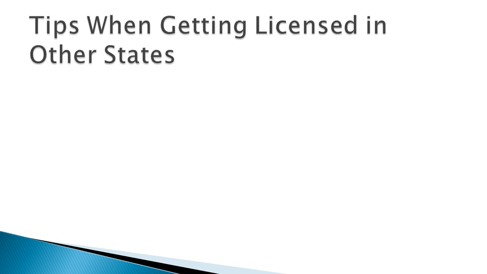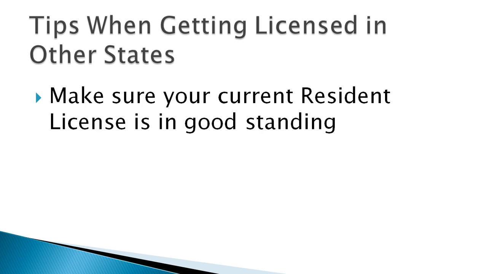There are a few tips I would recommend just keeping in mind when you do get licensed in other states. First off, you want to make sure your current resident license is in good standing. And that's really important, because in order to get licensed in other states, they're going to be looking at your current resident license to make sure it is in good standing.